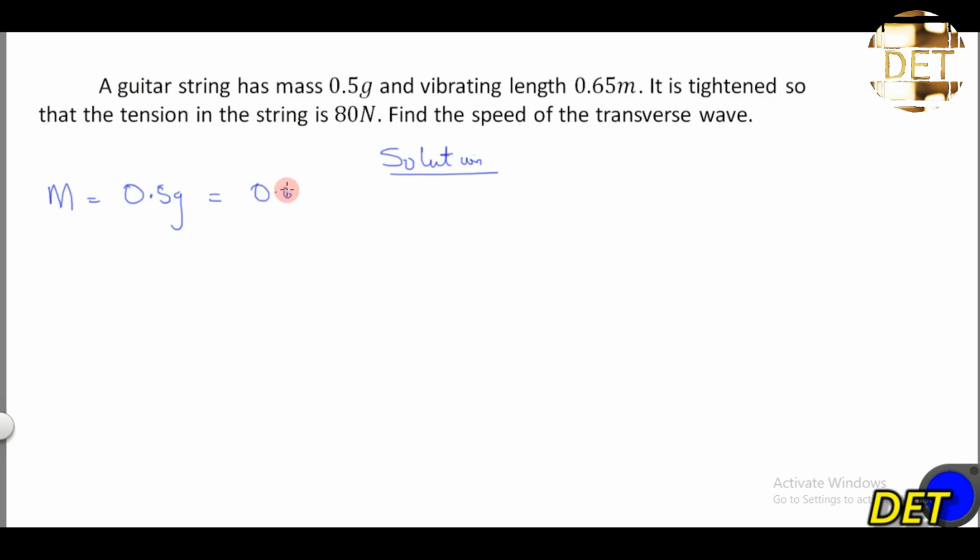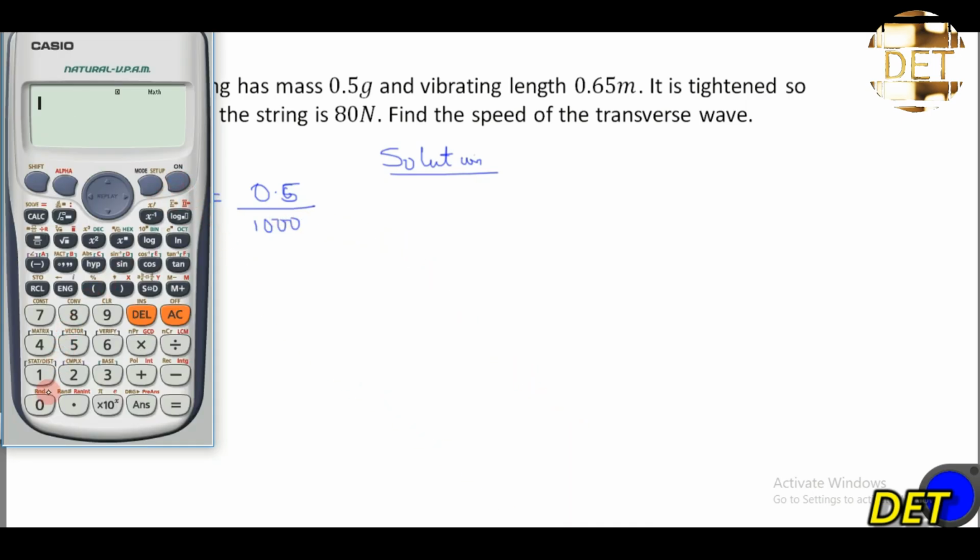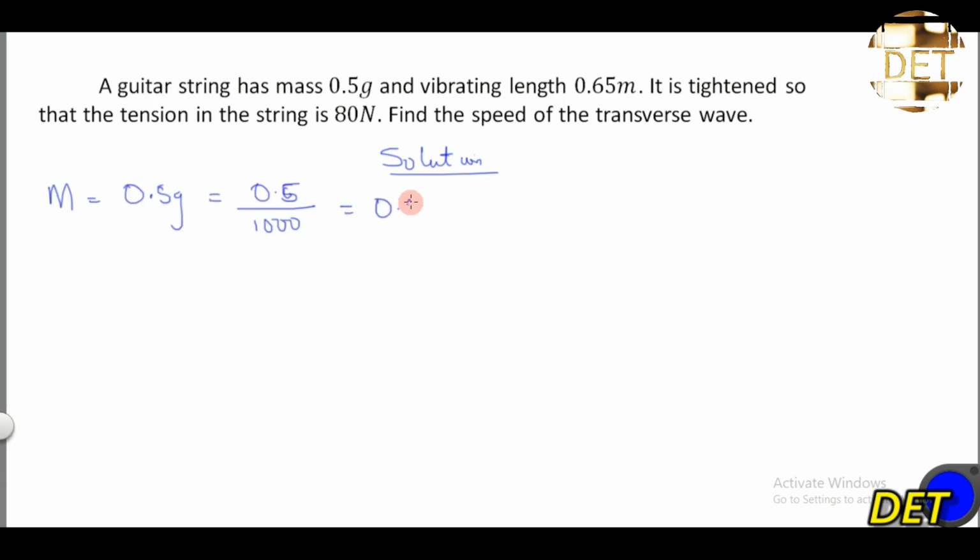So 0.5 divided by 1000 will be equal to 0.0005 kg, which is the same thing as 5 times 10 raised to the power minus 4 kg, right?